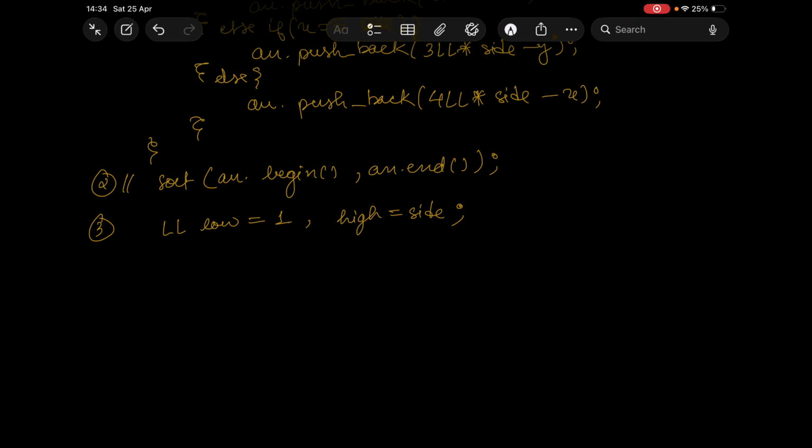Okay, now I'll apply this binary search. This is the general template of binary search.